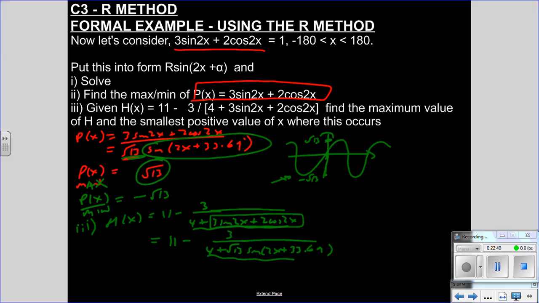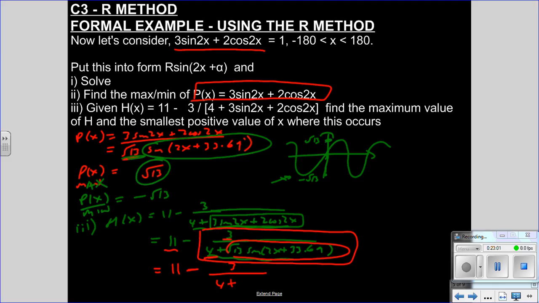you can absolutely slam it, because like I said before, 11 doesn't change. The 3 on top's not going to change. The 4 isn't going to change. This thing is the only thing that can change. So if we want the maximum value of h, we need this fraction to be the smallest it can possibly be, don't we?